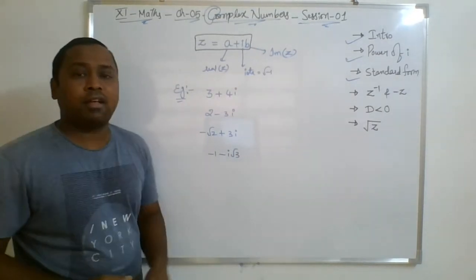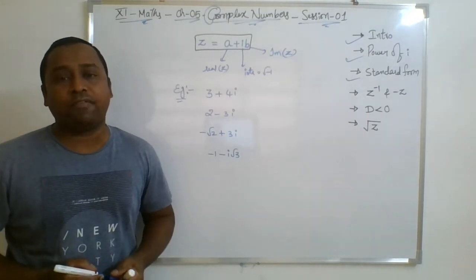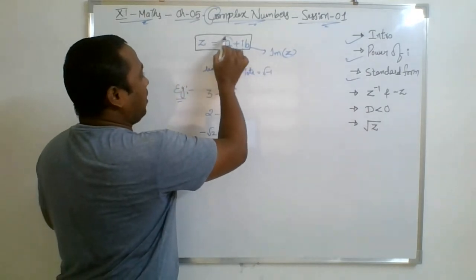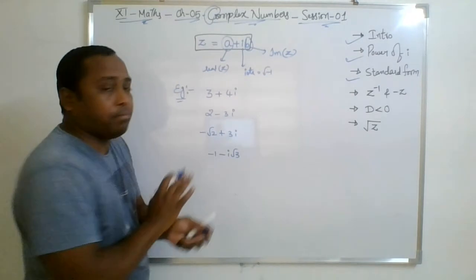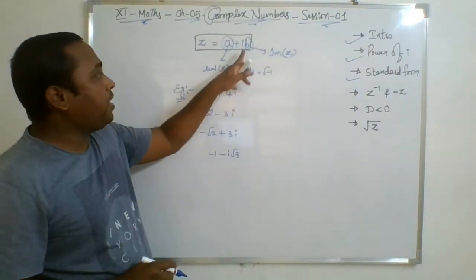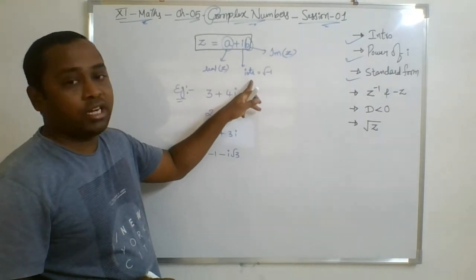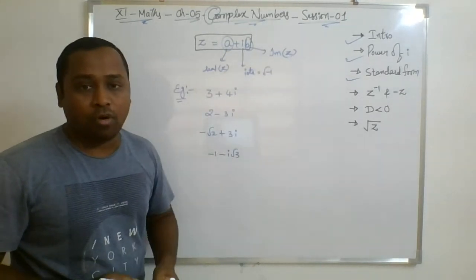So there are several complex numbers you may write just by changing the values of a and b. Basically a and b are real numbers, but when b is multiplied with i, it becomes an imaginary number. Hence that is why b is called the imaginary part of the complex number.